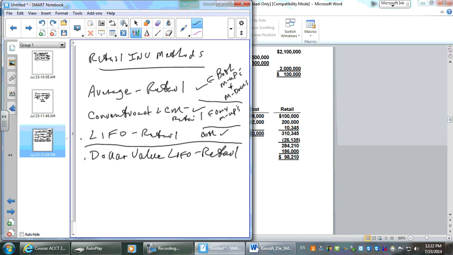So what's the key thing you got to keep in mind here? When you do the conventional, only include the markups, huh? You're getting your percentage. That's it. When you're doing the LIFO, separate the beginning inventory from everything you bought during the period and do two different percentages, okay? Now, tell me what you think leaving out the markdowns will do to the percentage.